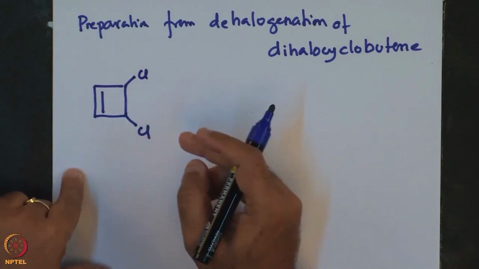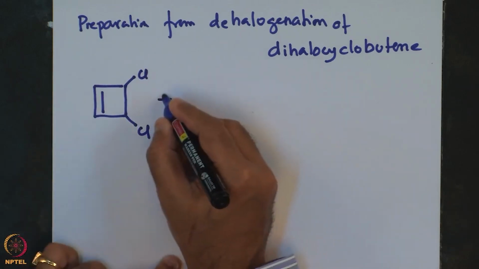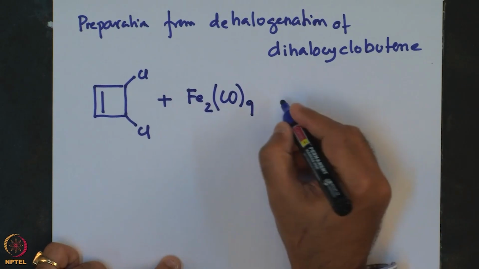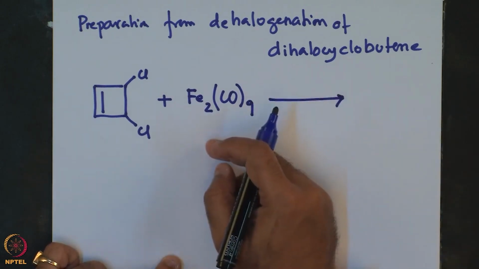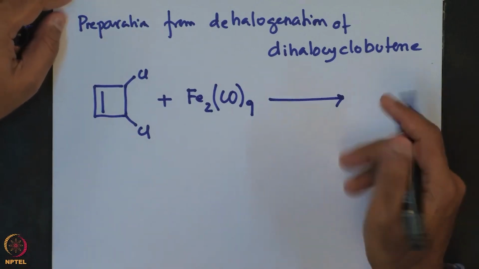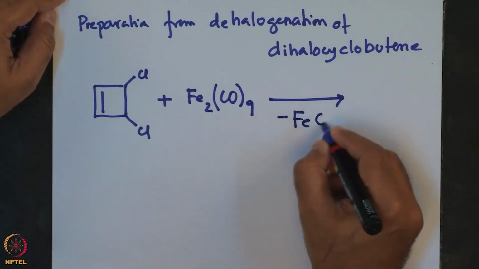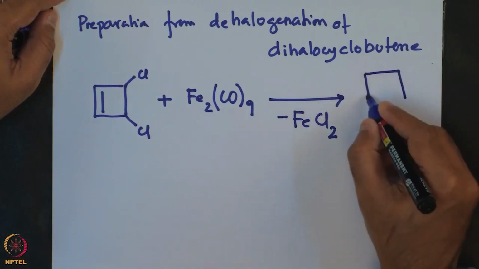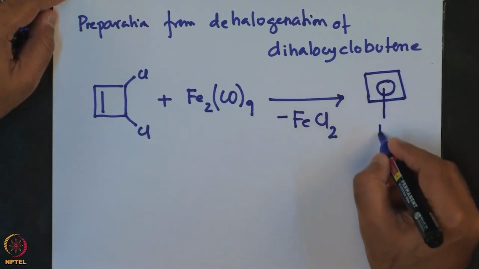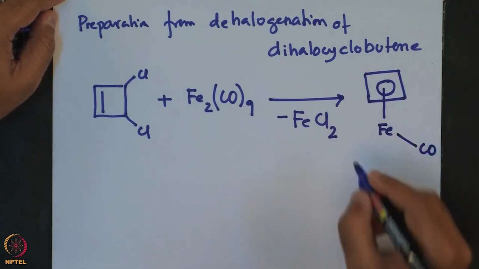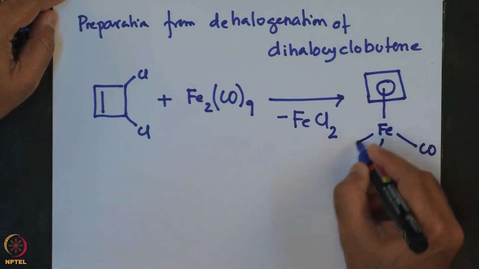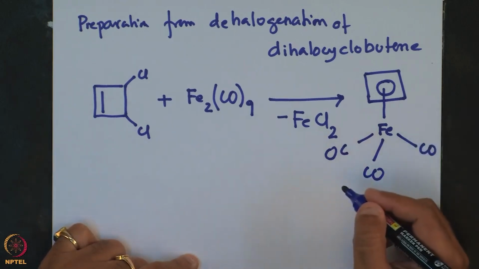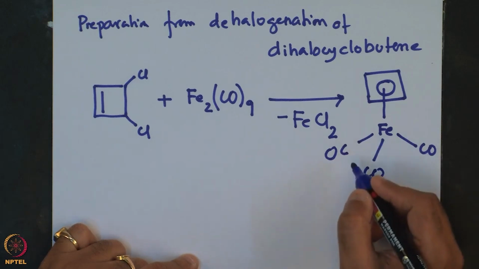So, this is a dihalocyclobutene, reacting with the iron 0 precursor Fe2CO9, and also eliminates FeCl2, giving cyclobutadiene Fe(CO)3.